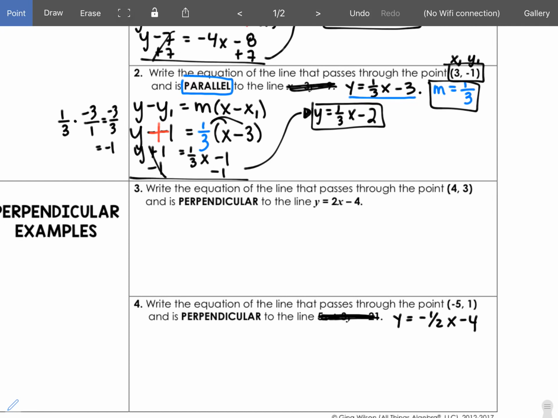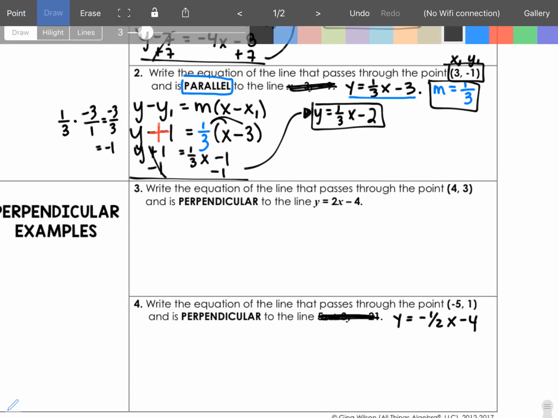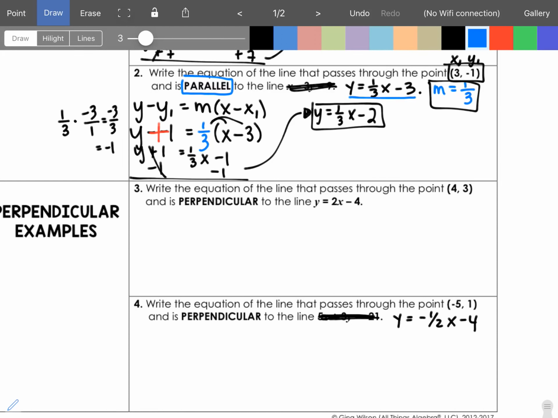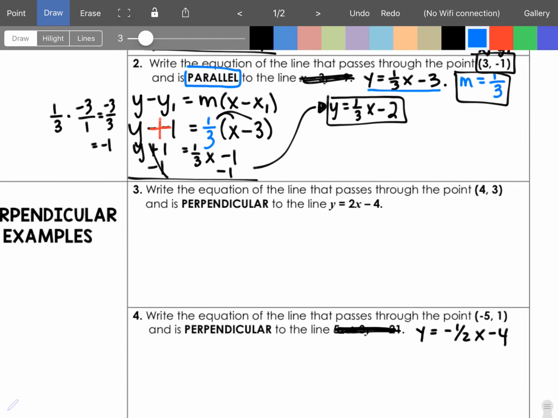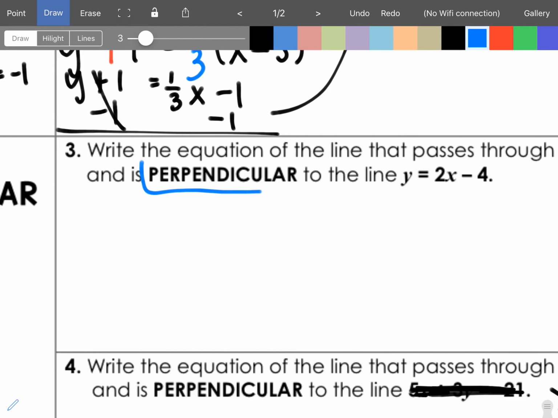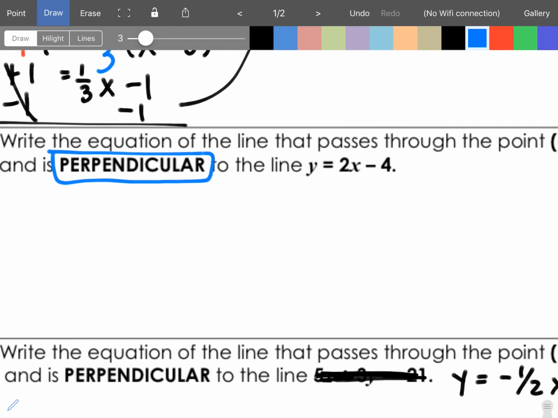Now, if we have a perpendicular line, write an equation of the line that passes through that point and is perpendicular to y equals 2x minus 4. So in this case, instead of finding a line parallel, we're finding a line perpendicular. That means it's going to be opposite or negative reciprocal slopes, right?